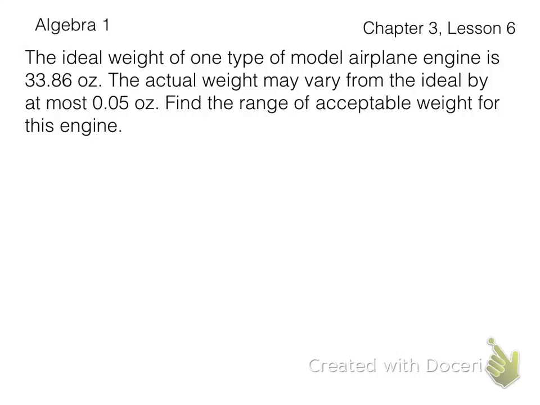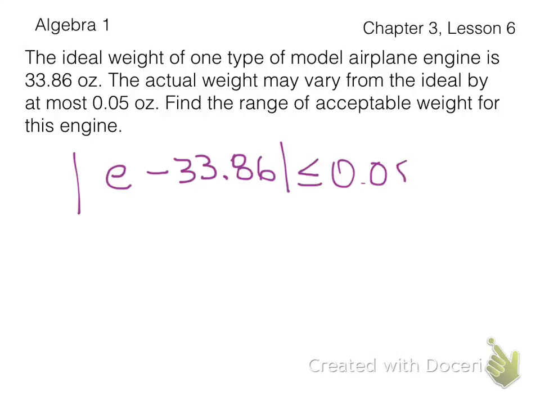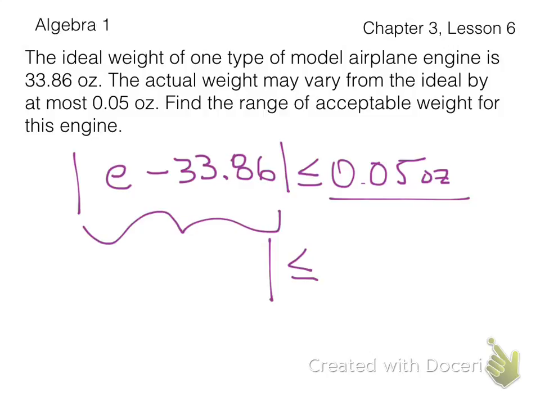We went through and we measured an engine, and we're going to subtract the ideal, and that absolute value, either positive or negative, needs to be less than how much it can be off by. Since it can be off by 0.05 ounces, whenever we subtract, it has to be less than that amount, either plus or minus, because we could have an actual low one.